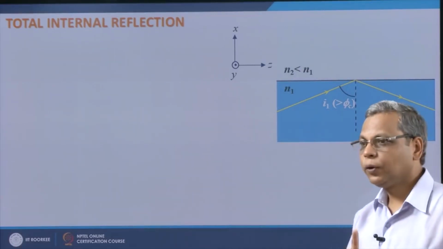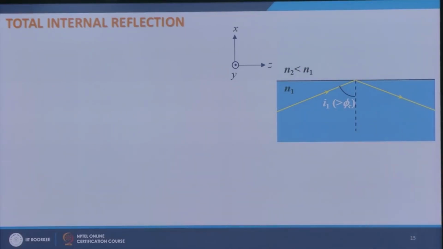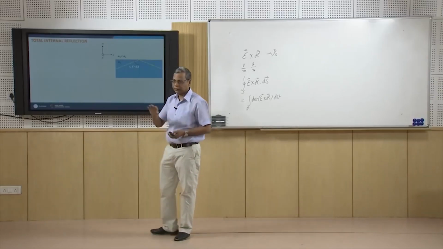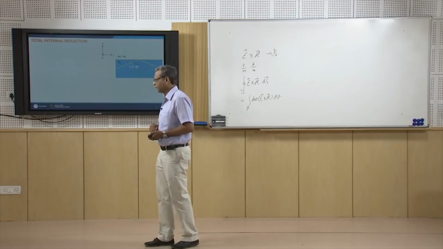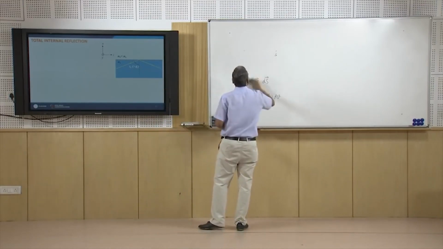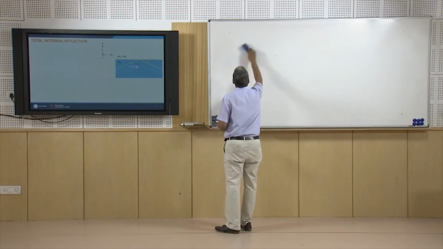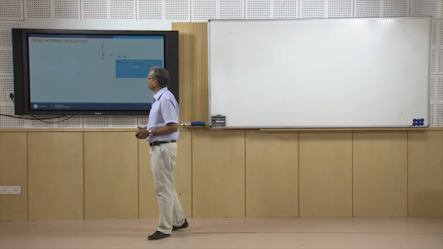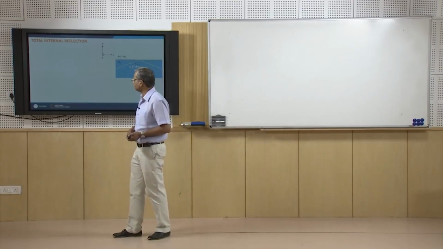But if I talk about waves, these are EM waves, with associated electric and magnetic fields. Let me assume that there is some transmitted wave also, and then find out what would be the nature of that.